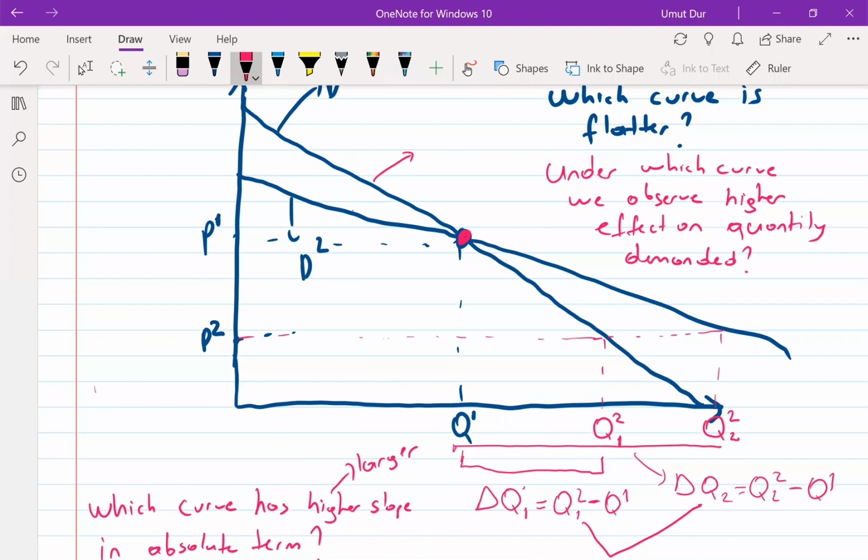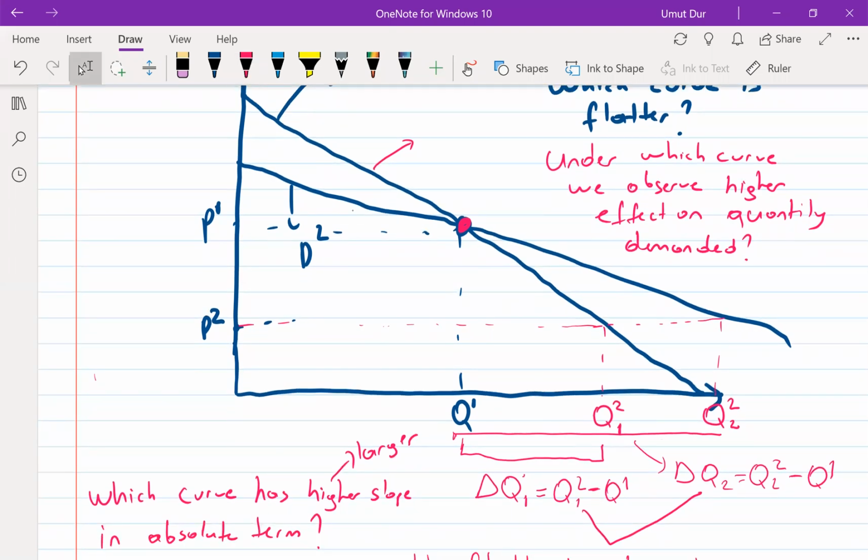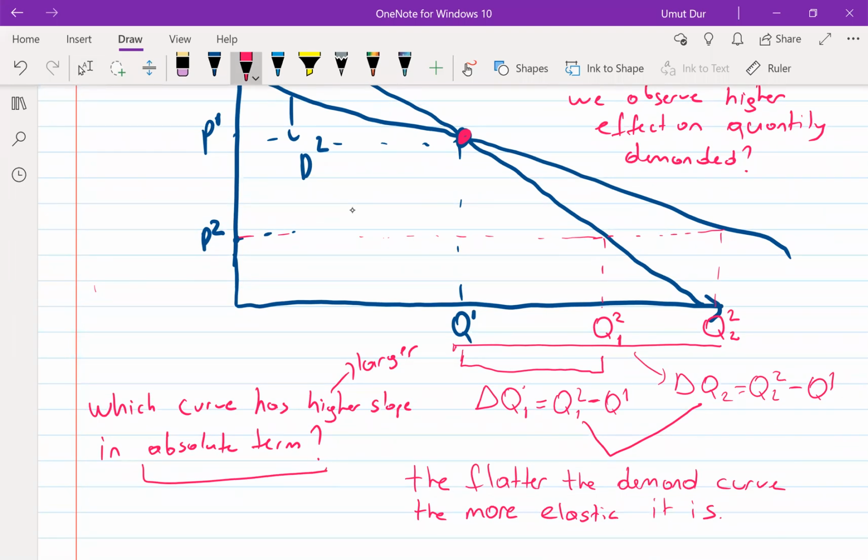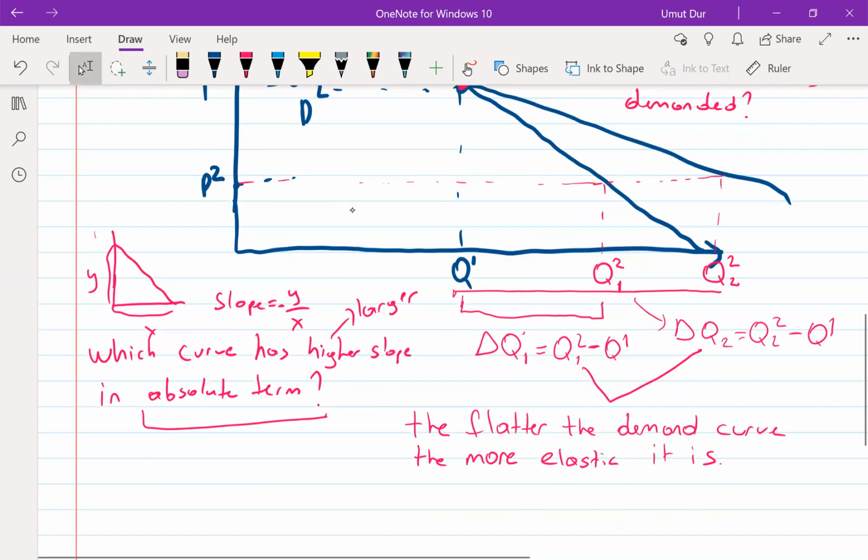Let's think about it. How do we define the slope? I'm asking in absolute terms, of course. If this is y and this is x, the slope is y over x. Due to the direction of this curve, it will always be negative.